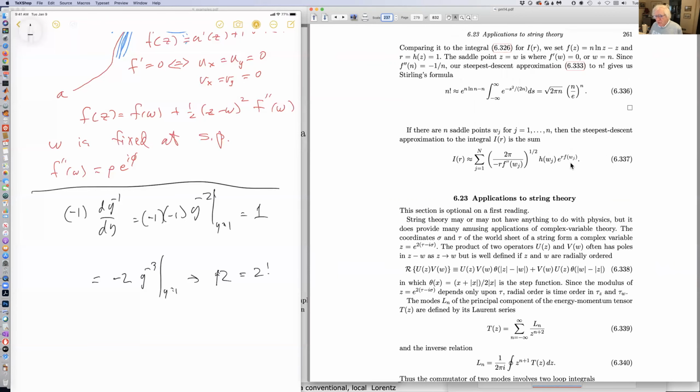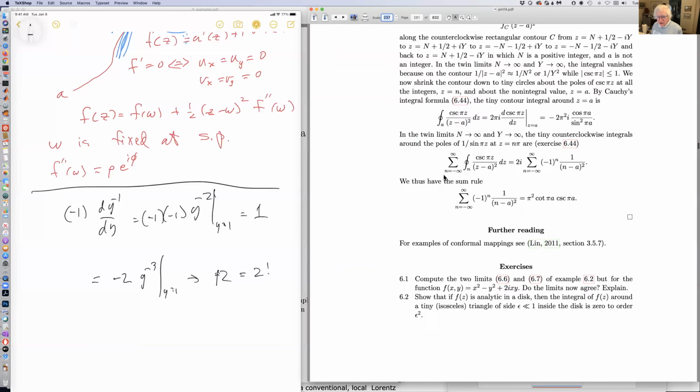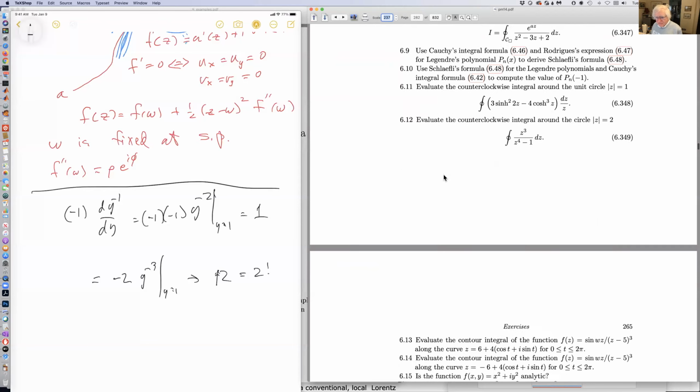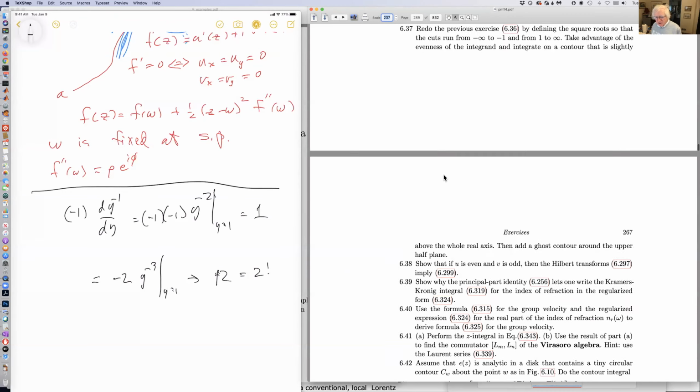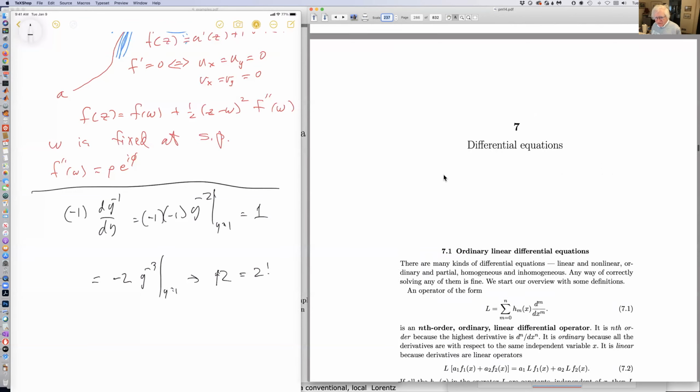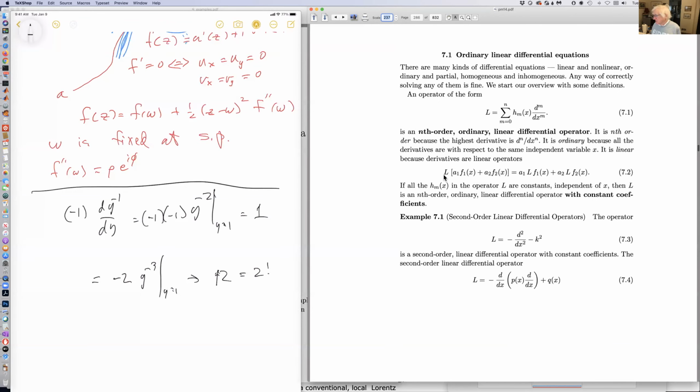Of course, if you have more than one saddle point, you have to split the integral into a contour that goes over each of the saddle points. I think we can skip the string theory example, but if somebody is passionate about that, I can do it on Wednesday.